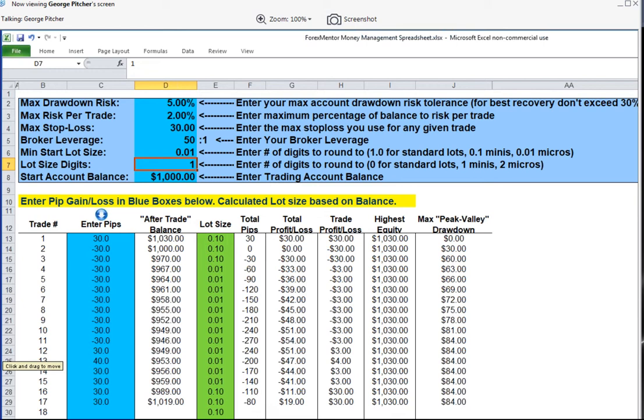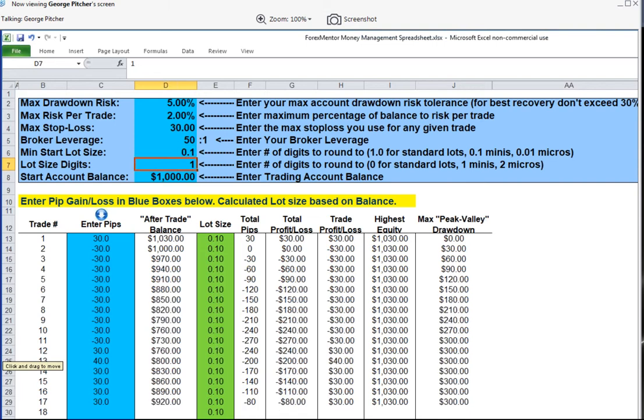In other words, if you want to trade one standard lot, you can trade in mini lots, let's say, which is 1/10. Let me make this 0.1. If you change it to mini lots, you can trade 10 mini lots which is equivalent to 1 standard lot.